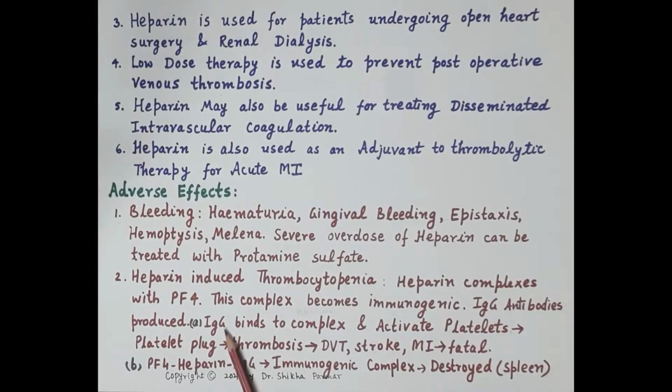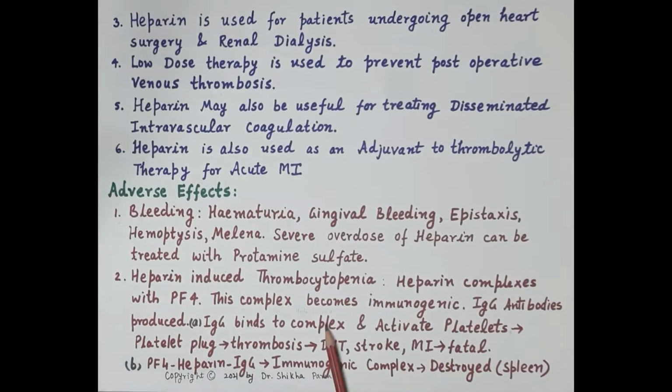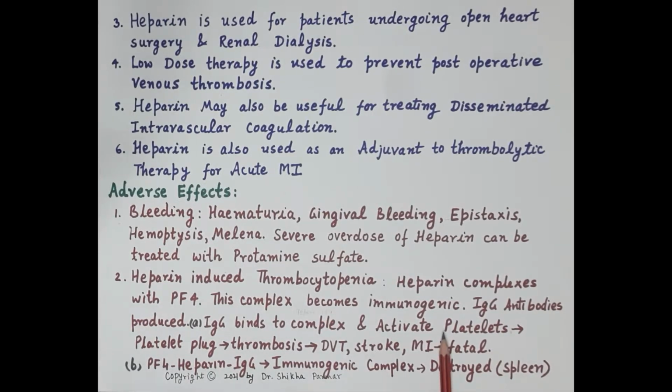These IgG antibodies bind to the complex of heparin and platelet factor 4, and this results in the activation of platelets. So those platelets which were earlier inactive now become active because of the complexation.